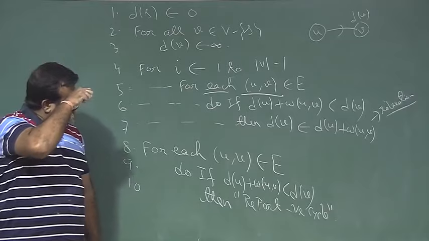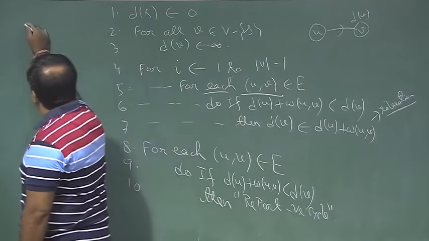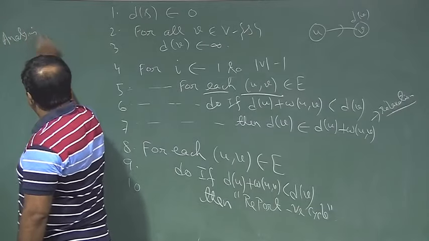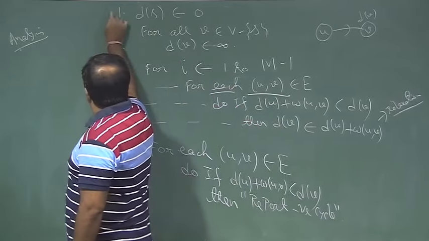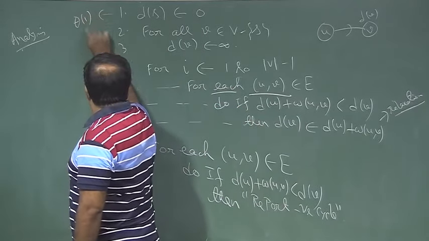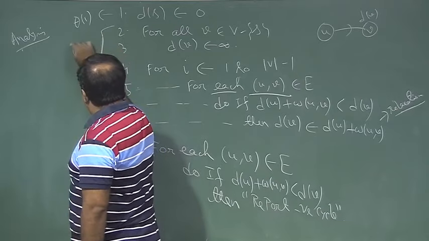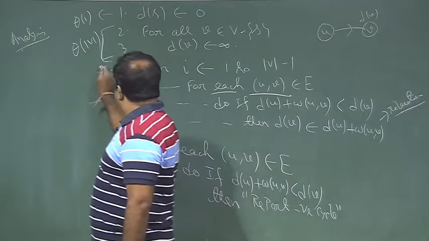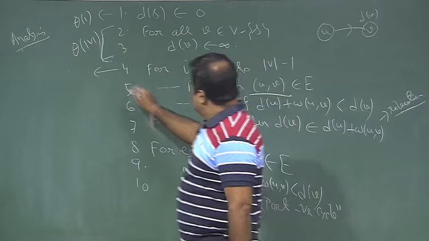Okay, now before going to the example, let us talk about the time complexity of this algorithm. What is the time complexity? In the time analysis, the initialization step is order of V. Now, this loop runs V times and the inner loop runs E times.